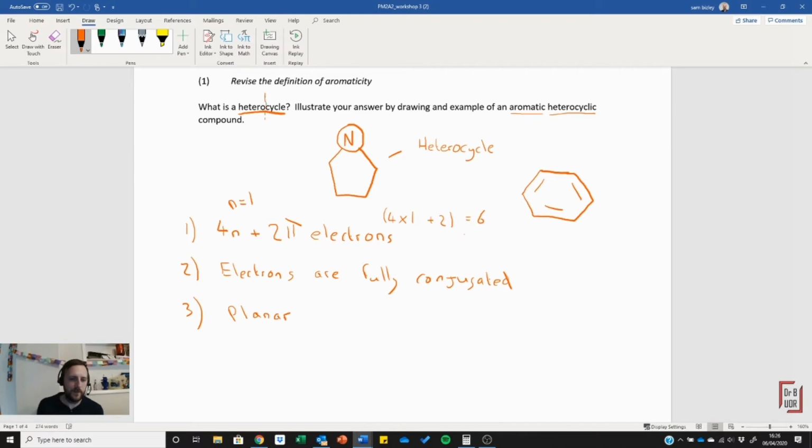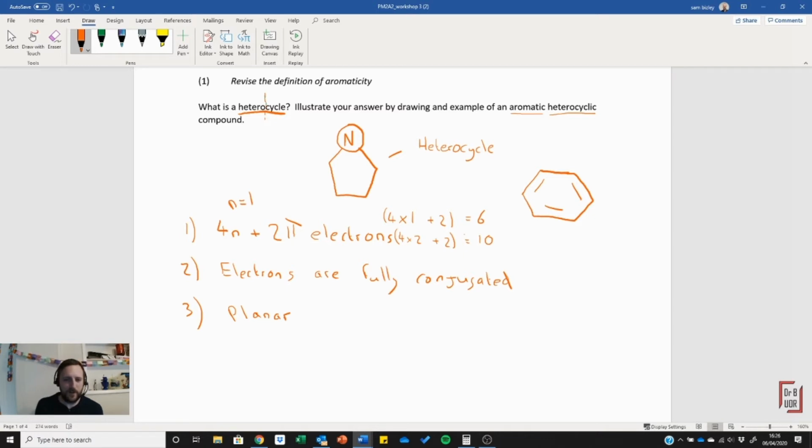If n was equal to 2, you get 4 times 2 plus 2, which is equal to 10. And again, you can go 3, 4, 5, 6, so it's just going up. The n doesn't actually reflect anything in particular you need to measure. It's just saying that it must be an integer, to allow you to know how many electrons are involved.